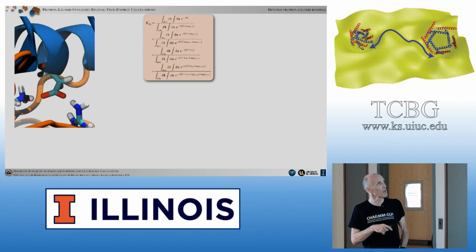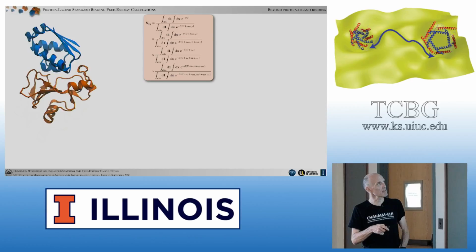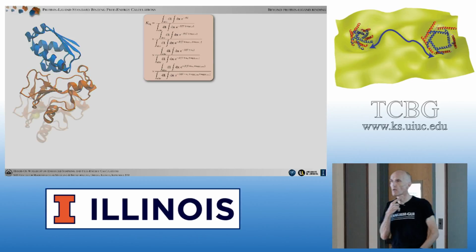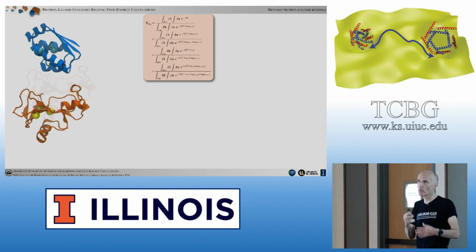We have the usual potential of mean force, but in addition, you remember that in the case of protein ligand, we were just freezing, by means of a harmonic potential, the conformation of the ligand.